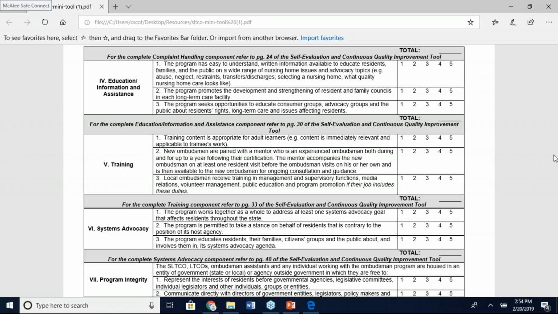But the good thing is I know that next time I do this self-evaluation, my score is going to be higher because we've already started improving our website. We have a new brochure with a new logo. It's easily updated because it's pretty general, and the phone number on there is the 800 number that we've had for years, and then the local ombudsman can put their own stamp or sticker on it so that their information is always current.